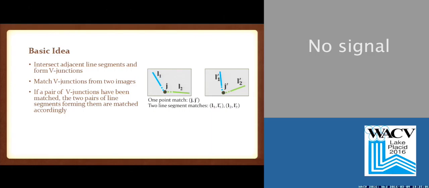On the other image, we intersect L1 prime and L2 prime, generating V junction J prime. If we can match J and J prime successfully, we can obtain one point match, J and J prime, and two line segment matches, L1 and L2 with L1 prime and L2 prime.